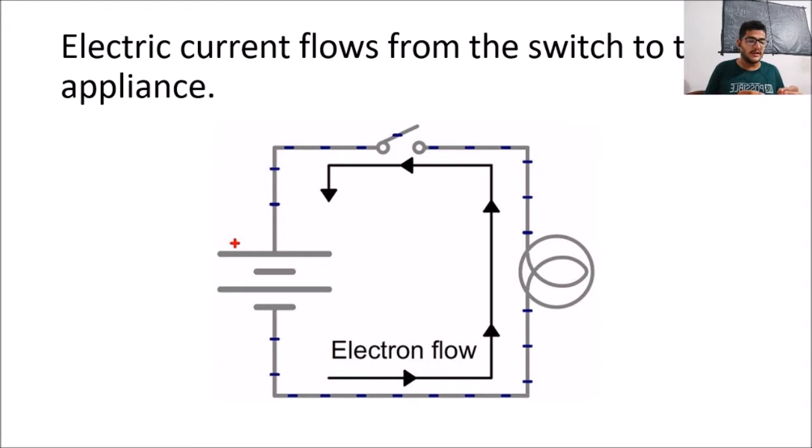When you switch on the switch, the electric current gets supplied to the appliance and the appliance turns on. And if you push off the switch, the electric supply goes down, the current does not flow to the appliance, and hence it shuts down.